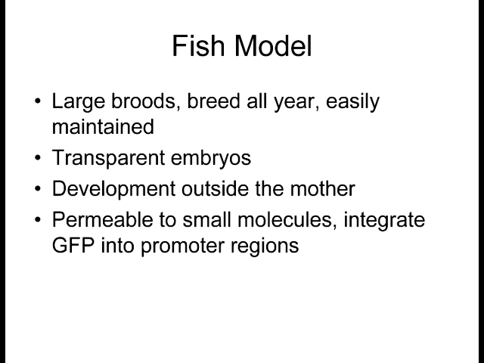Fish models, or the zebrafish, is mostly used for ours. Lots and lots of embryos. They breed all year long. They're easy to go from one generation to the next. Zebrafish can be bred in the lab, and so they're good for generation after generation.